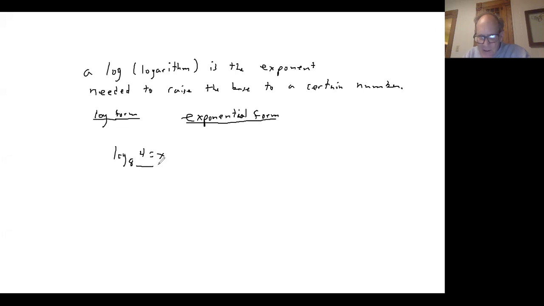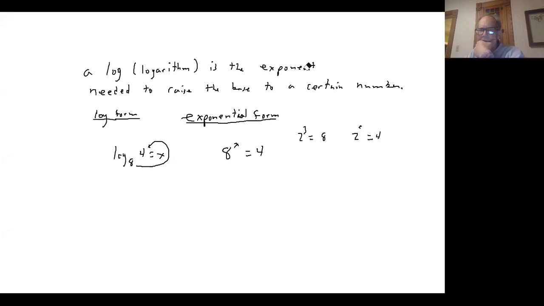Once again, change it to exponential form. So 8 to the x equals 4. Now, if you know your powers, 2 cubed equals 8, and 2 squared equals 4. So, whoops, I kind of got off there. Let's change it.